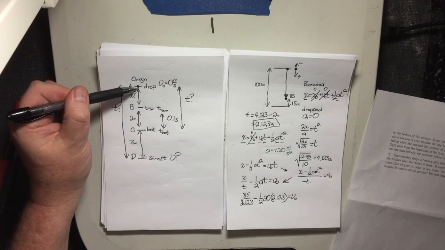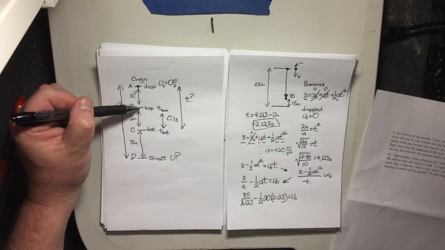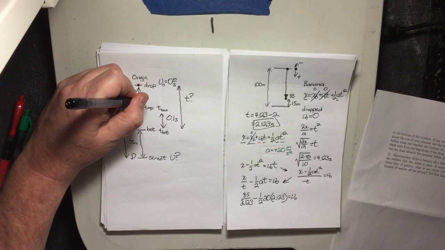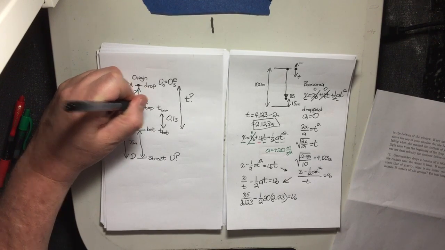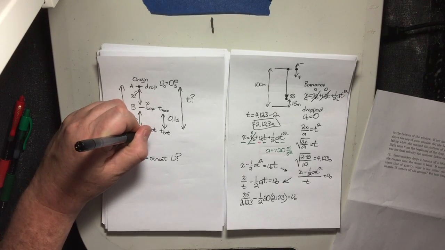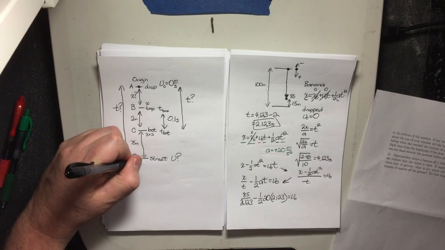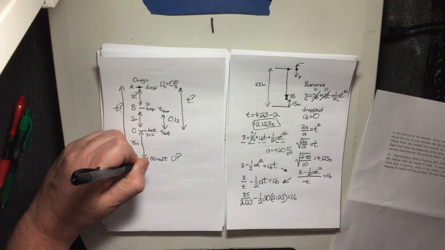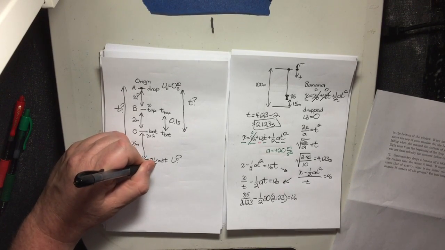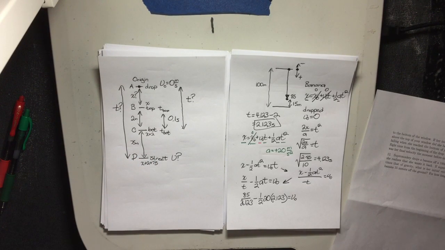So the initial position for the whole problem is 0, which means this coordinate is the height x, this coordinate is x plus 2, and this coordinate is x plus 2 plus 75. But we don't know x, but we're going to figure it out.